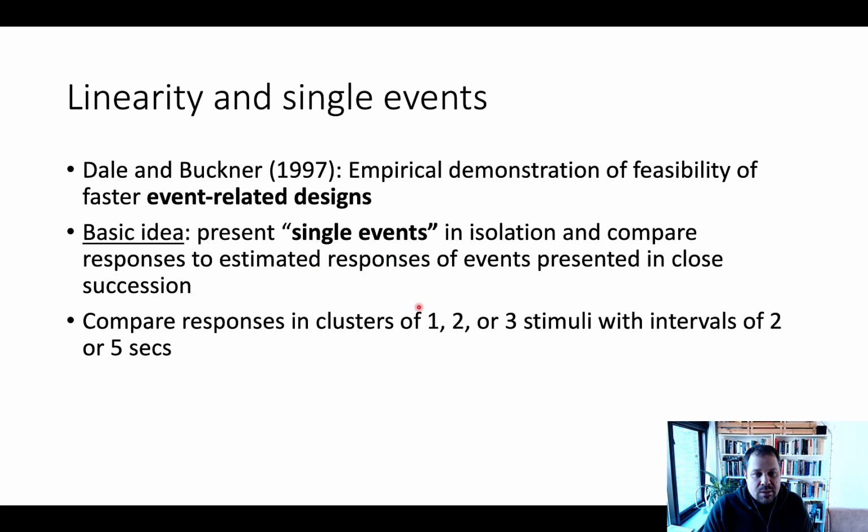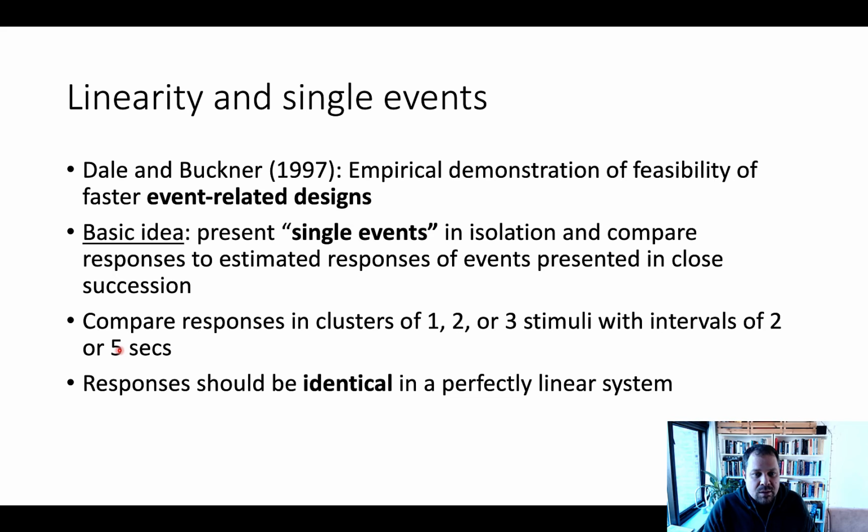They presented single events in isolation and compared the responses to an estimated response of events presented in close succession. The events were presented in clusters of either 1, which is what we know from slow event-related designs, but also 2 or 3 stimuli presented in rapid succession, and they used 2 intervals, one with 2 seconds and one with 5 seconds.